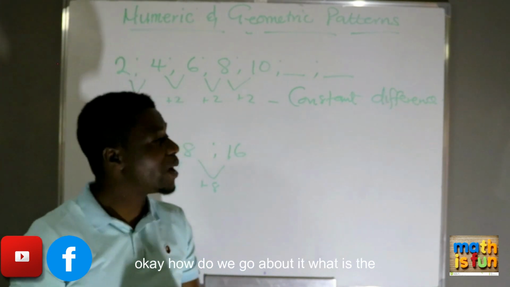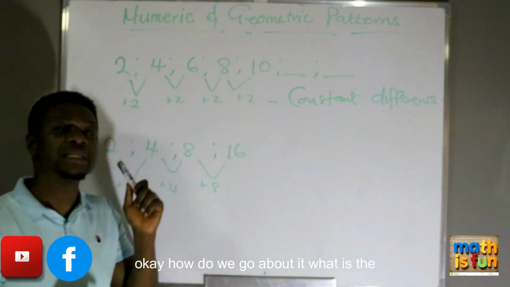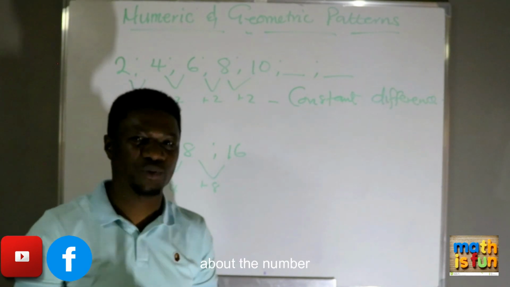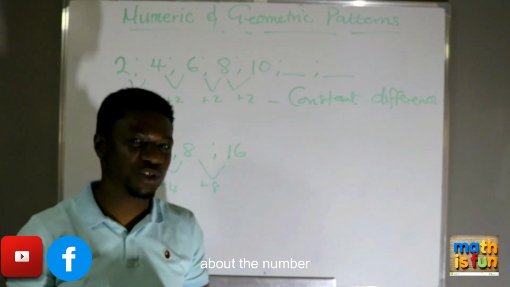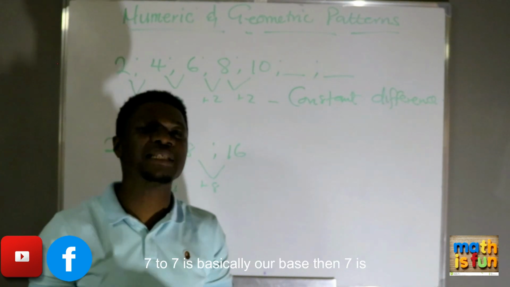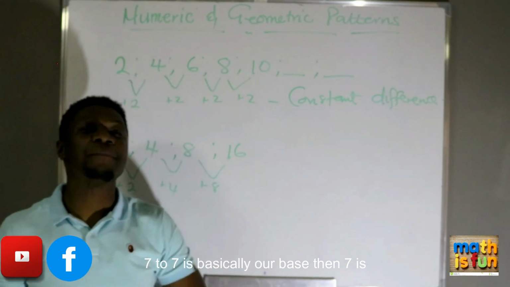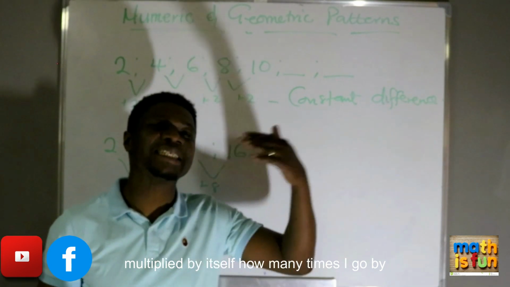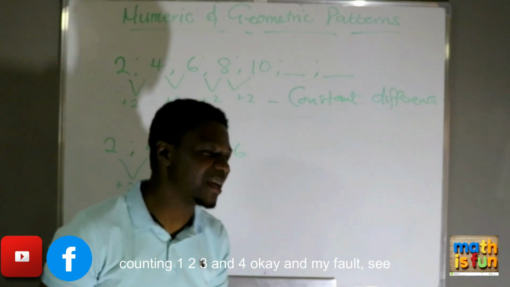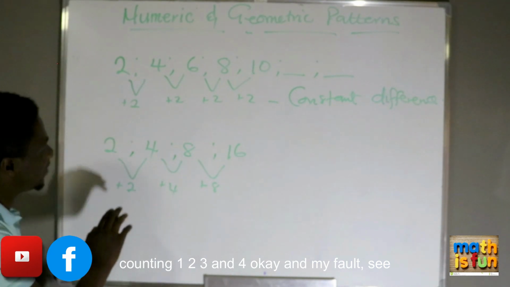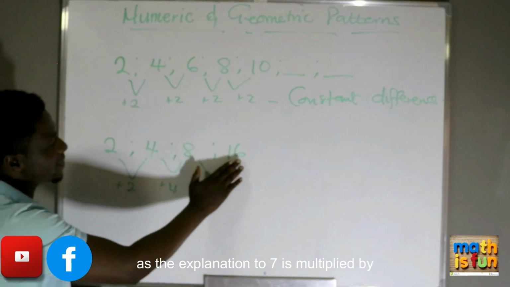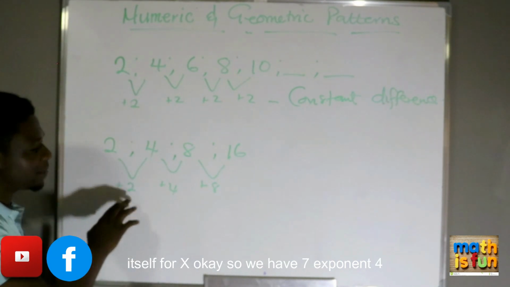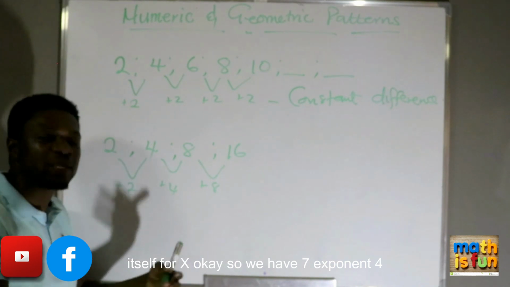That is why under geometric sequence, we say that we use a constant ratio. A constant ratio in this case means that we are going to multiply by a particular number or divide by a particular number to get the next term. So looking at 2, 4, 8, 16 here, since I'm not getting a constant difference, what do I do?